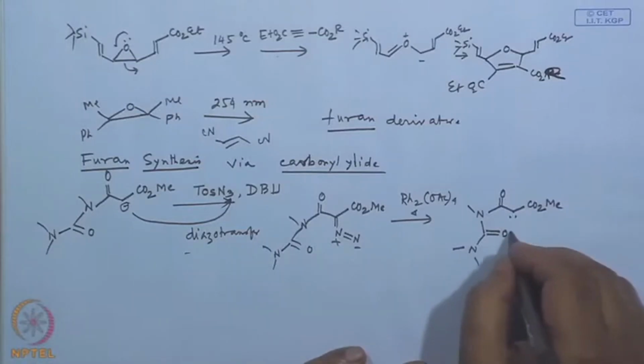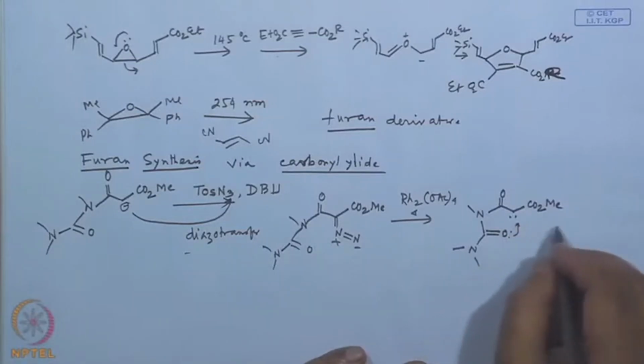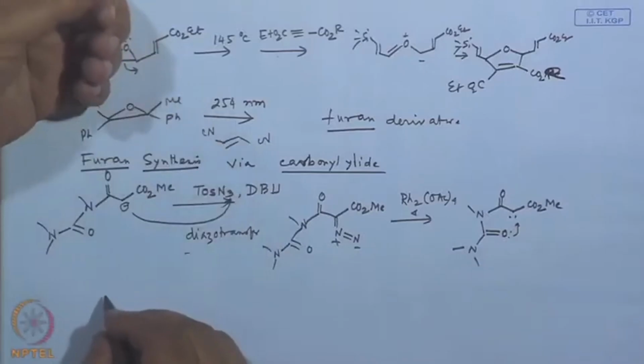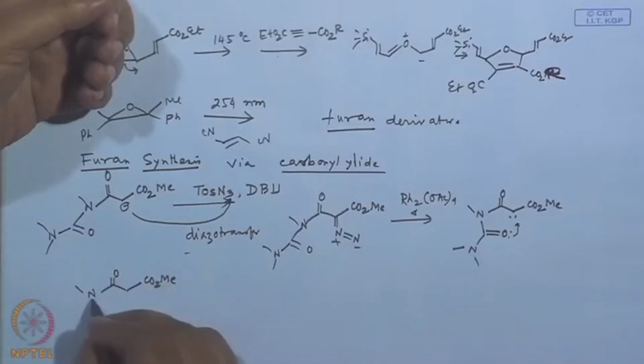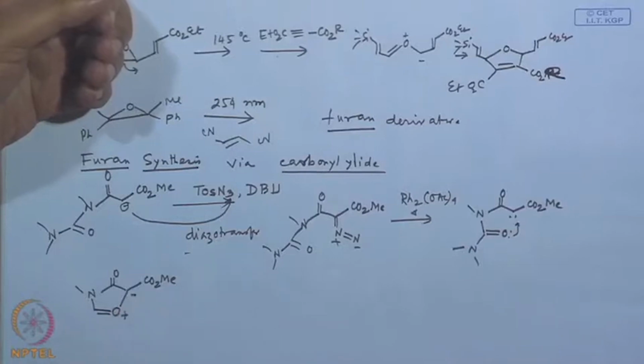I think the lone pair goes to form the carbonyl ylide. So, nitrogen and then the ester here, carbonyl ylide means oxygen plus and this carbon minus, and the substituent here is methyl group.